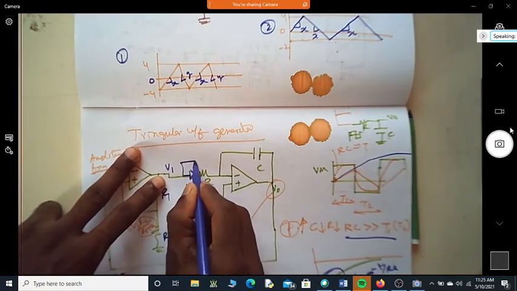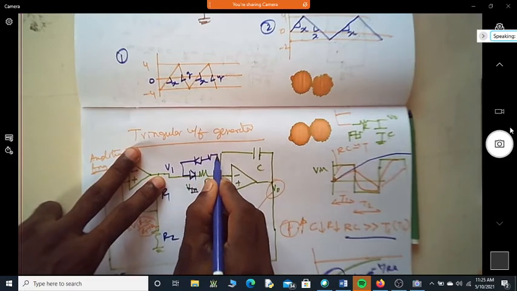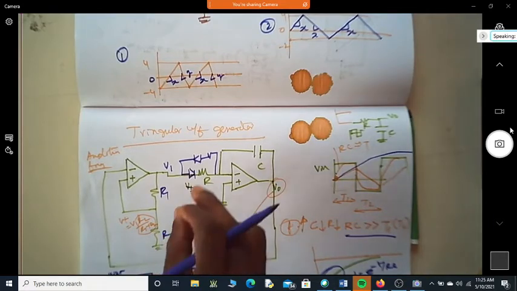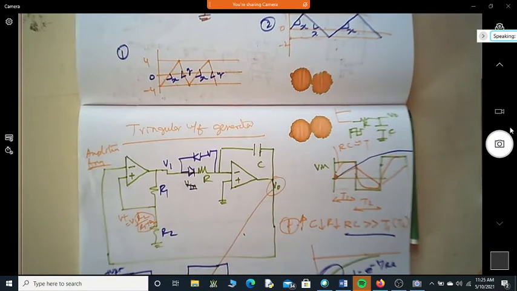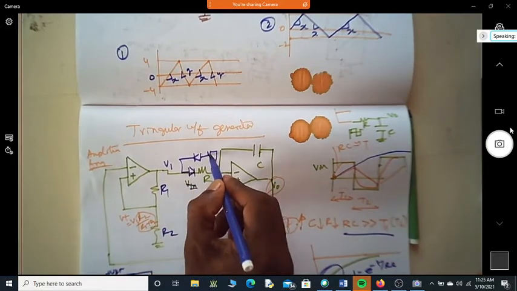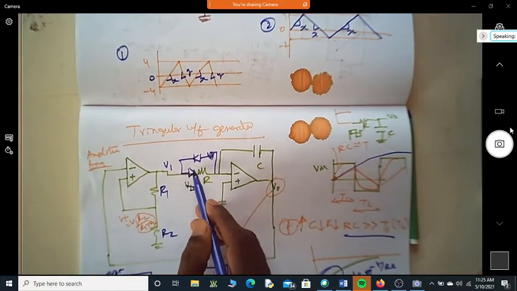Shall I do something like this? Will it work out? So this can be for the first circuit. Will it work out? They are no. They are in different direction. No?